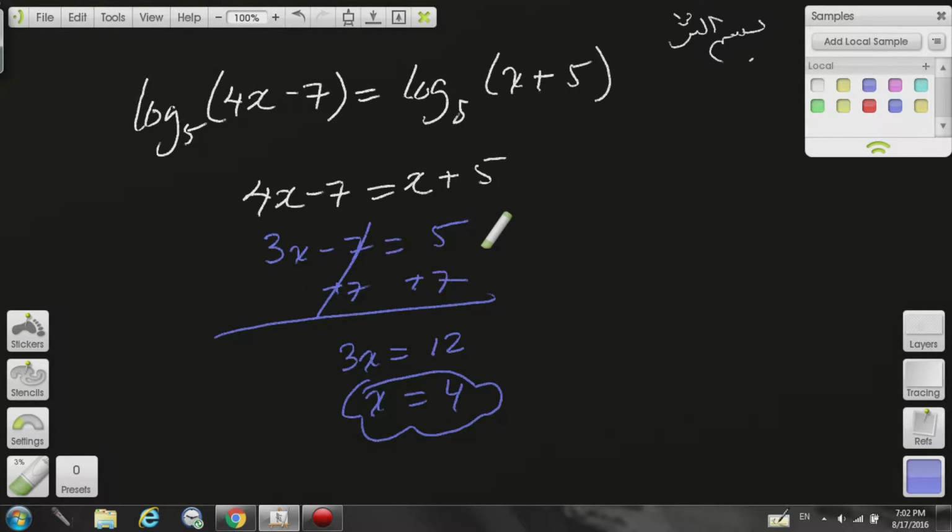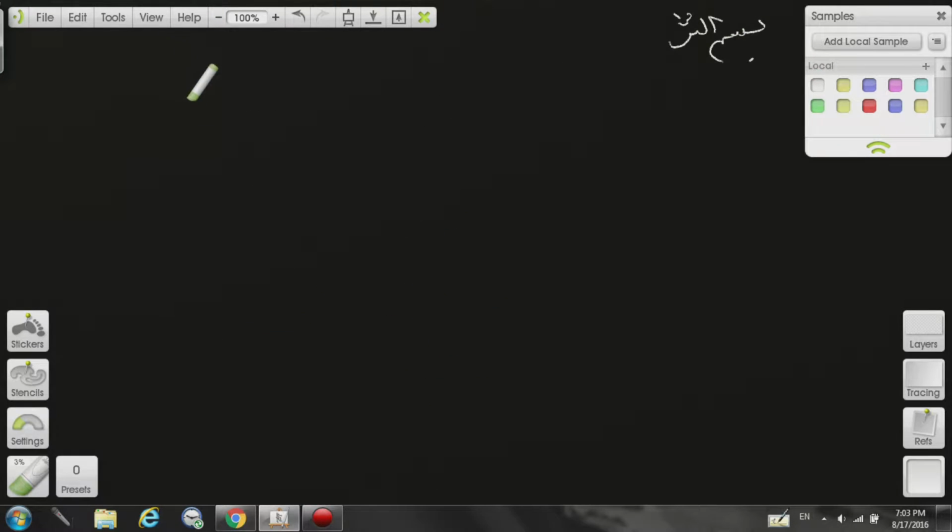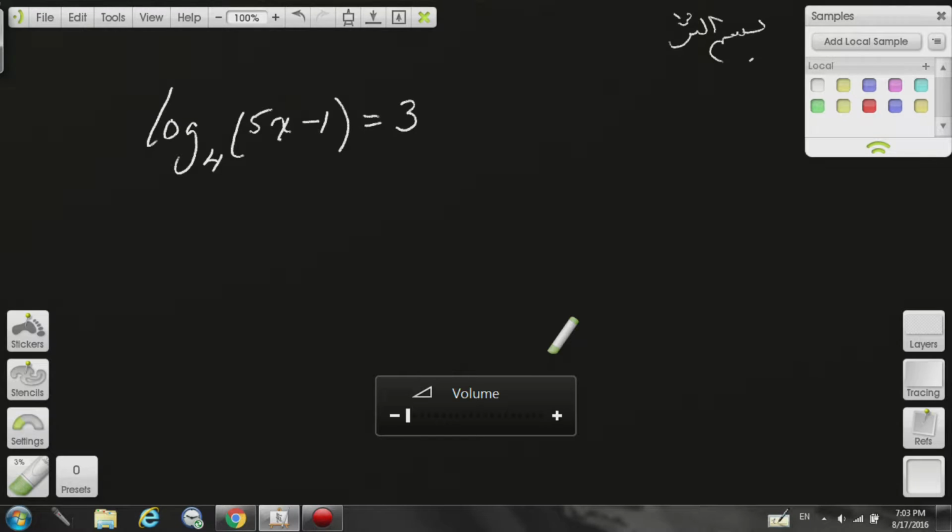Okay? So this is another example where you just simplify the log equation. Okay, how about this one? Log base 4 of 5x minus 1 equals 3. This is a different type of equation that we have not seen yet. What do you think about this?